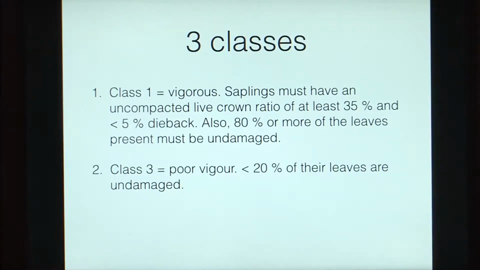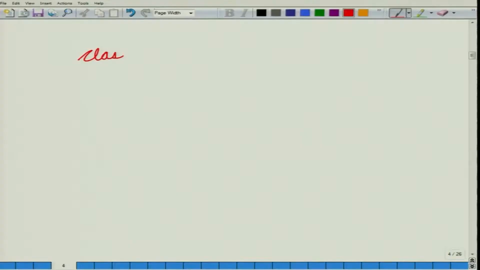So, the second class that we will consider is a class with poor vigor. In the case of poor vigor, less than 20% of their leaves are undamaged, or to put it in other words, for class 3 we have greater than 80% leaves that are damaged. Now, if the leaves are damaged, then this plant will not be able to perform photosynthesis properly.